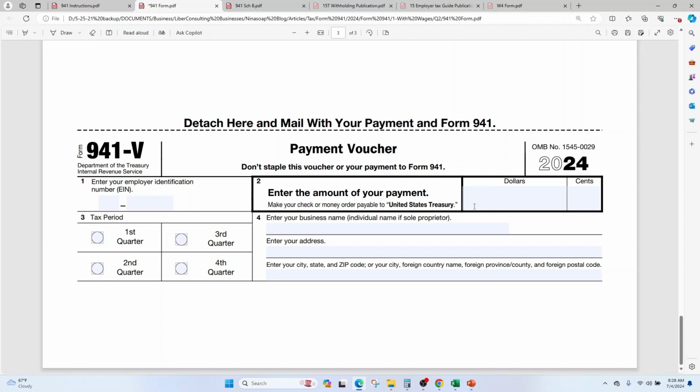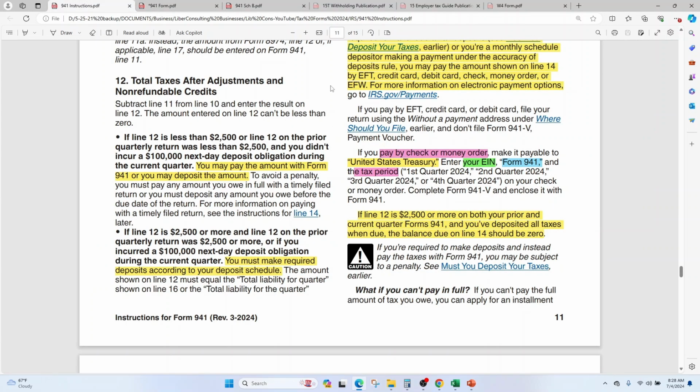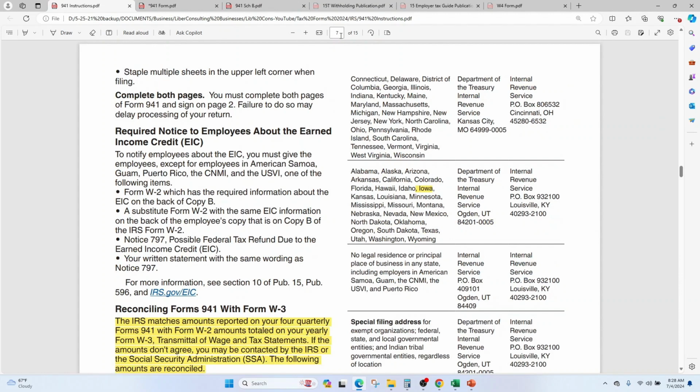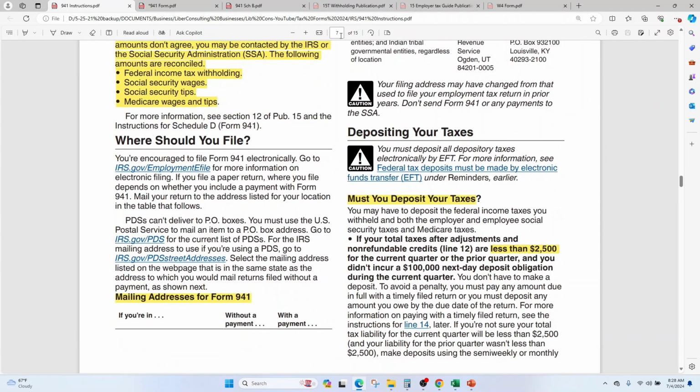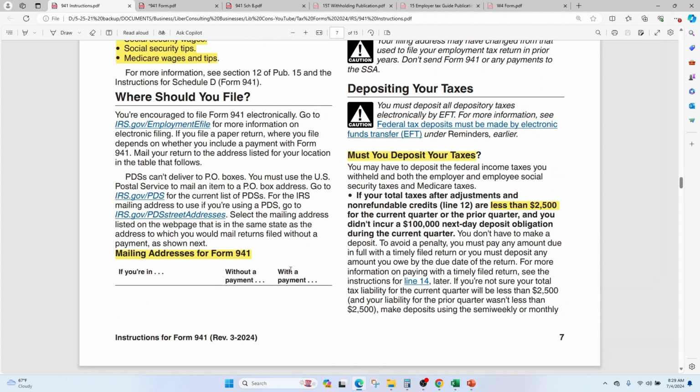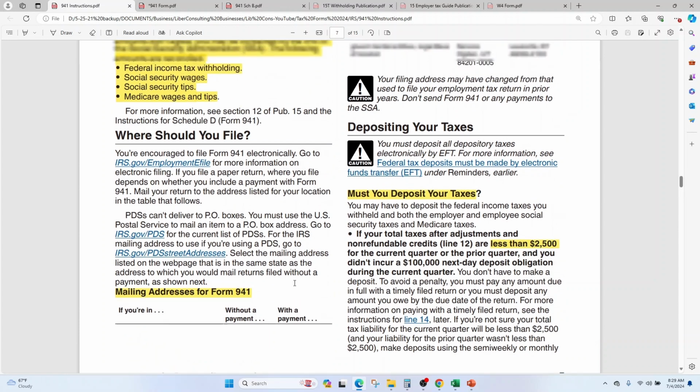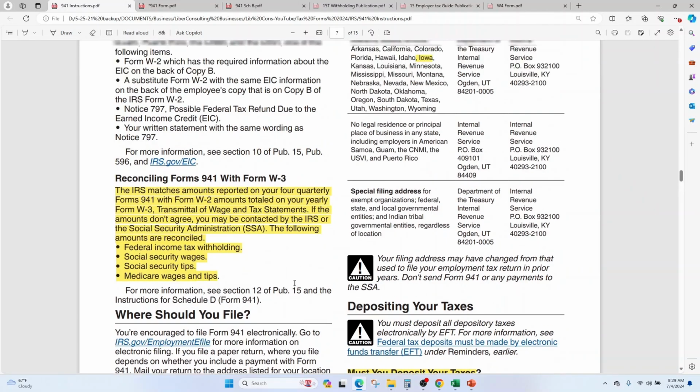In the envelope, you mail it to the address in the column that says pay with a payment. So that will be the third column.